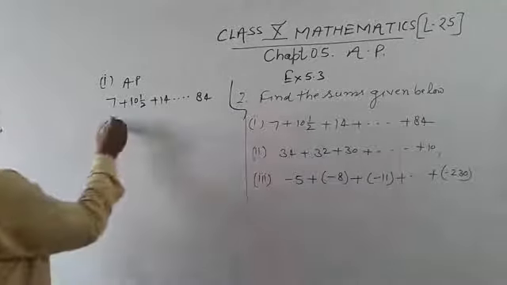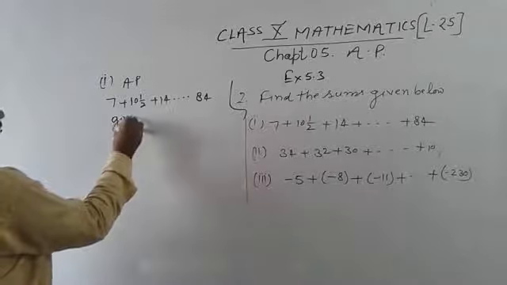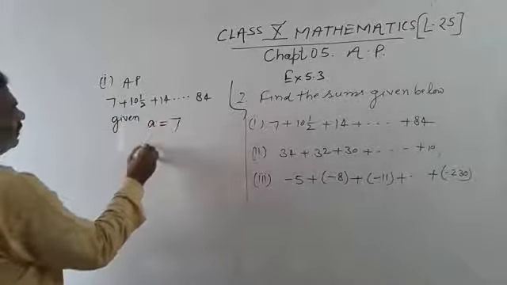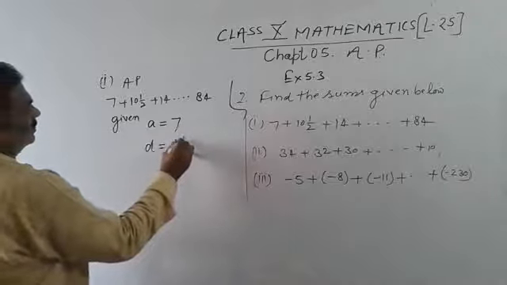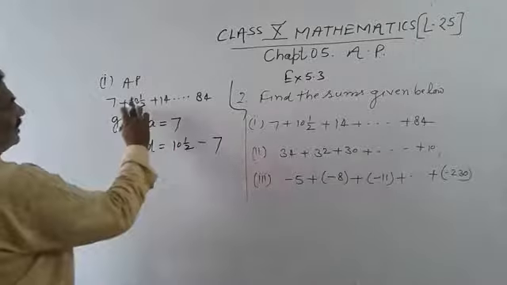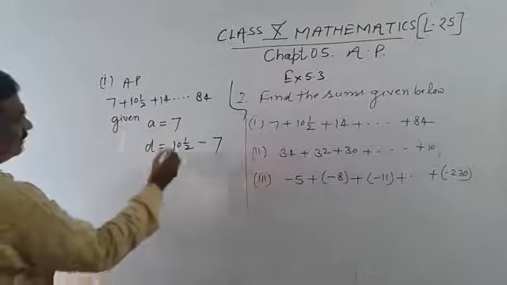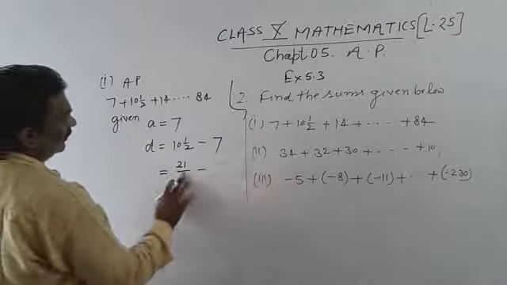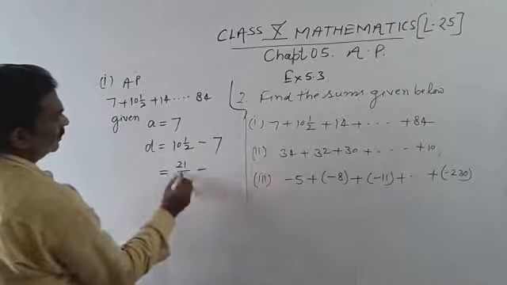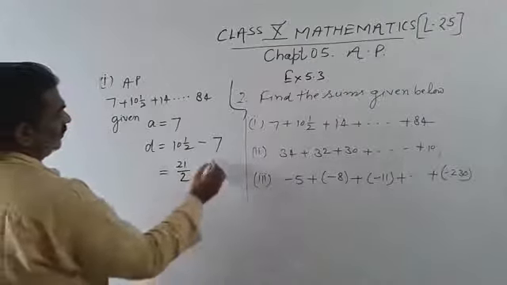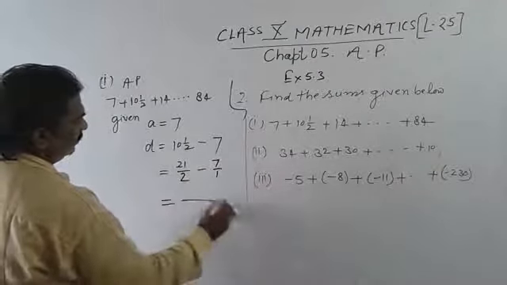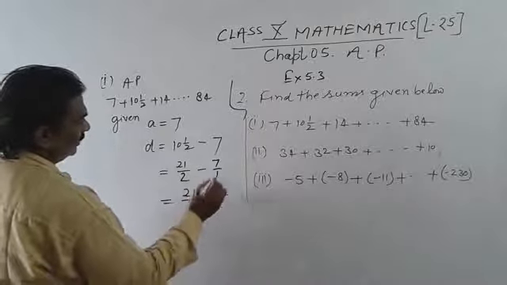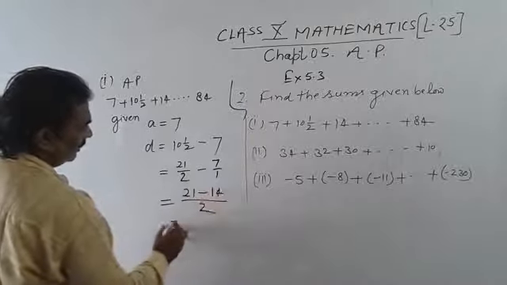Here given, the first term is 7 and d is equal to 10 1/2 minus 7, second term minus first term. It becomes 21/2 minus 7 over 1, LCM 2, 21 minus 14, it becomes 7/2.